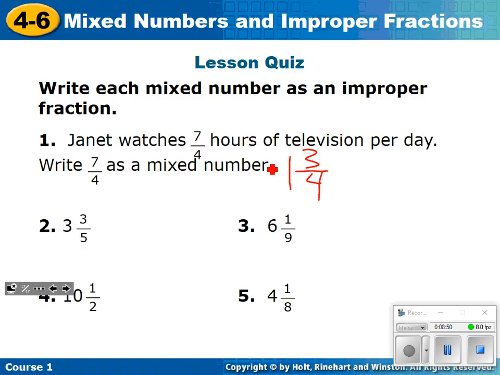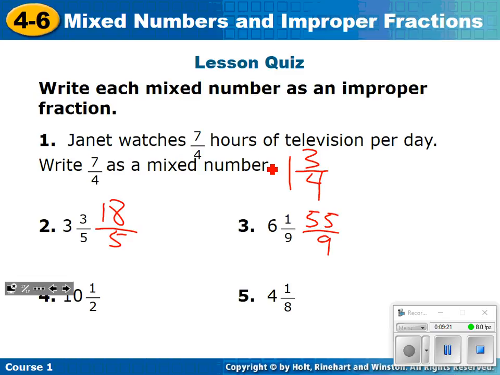What is 3 3/5 as a mixed number? Hunter. Or as an improper fraction? 18. 5 times 3 is 15 plus 3 is 18. Keep my denominator 5. Okay? What's this one? Elijah. 6 times 9 is 54 plus 1 is 55 over 9.